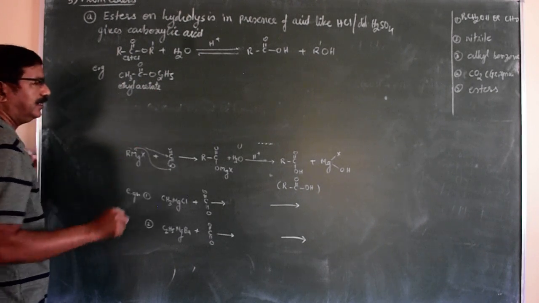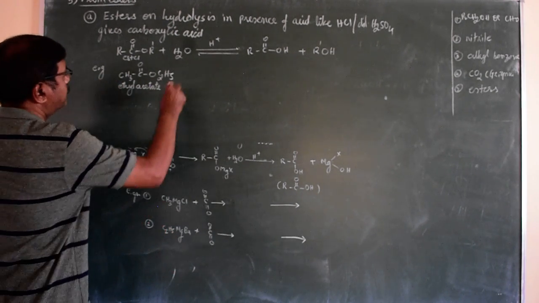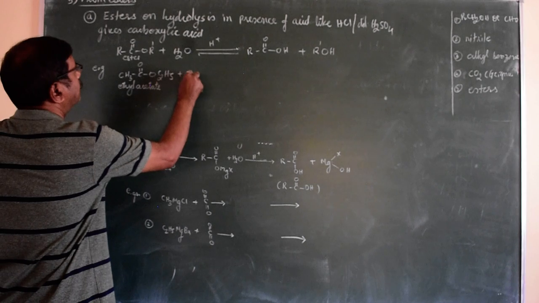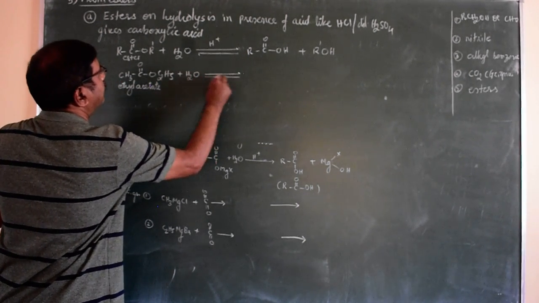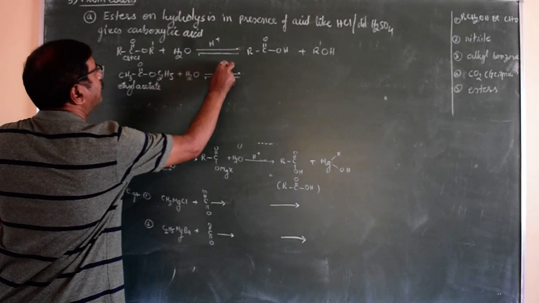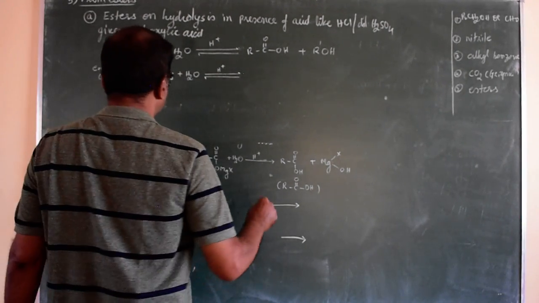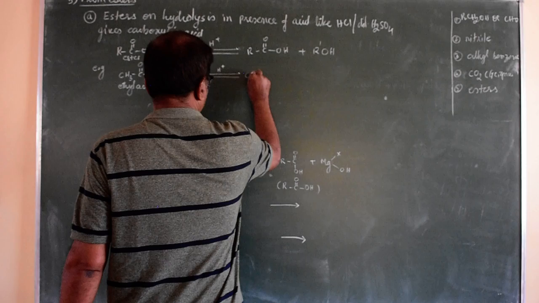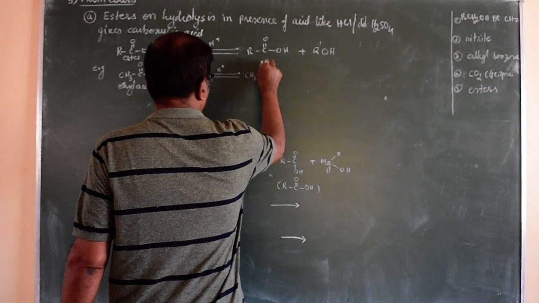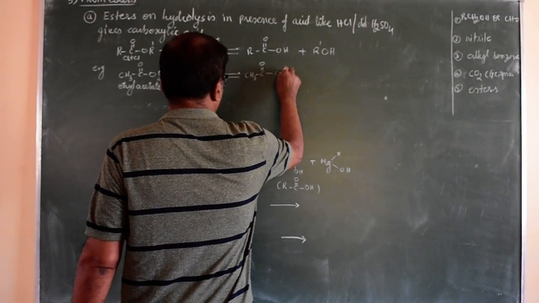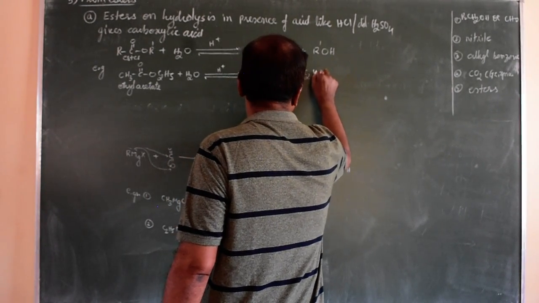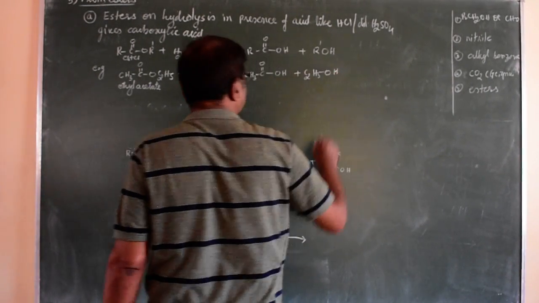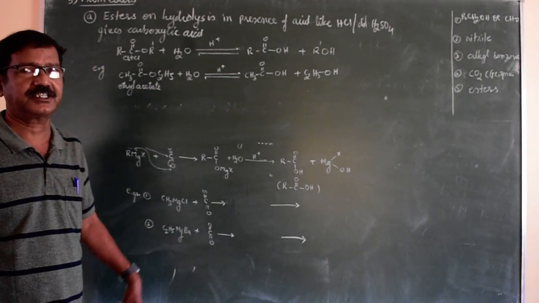Ethyl acetate plus H2O in acid medium gives CH3 C double bond O OH and C2H5OH. So it's a reversible reaction.